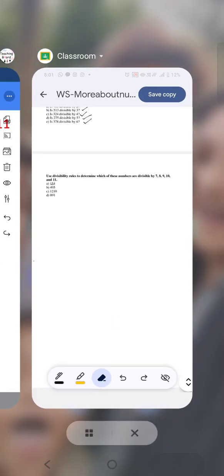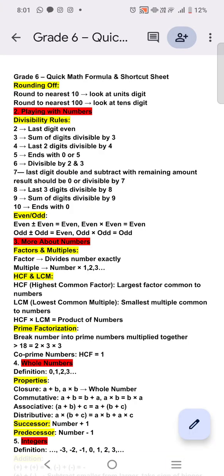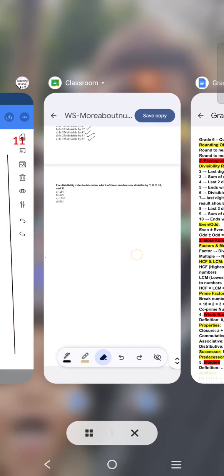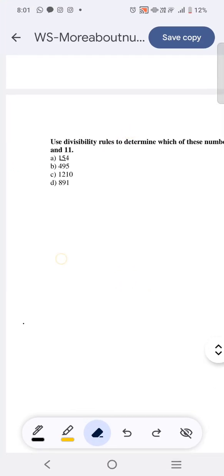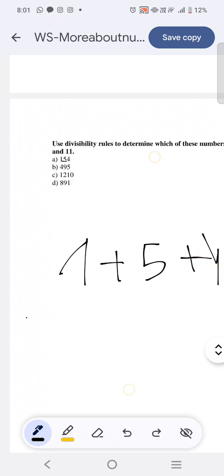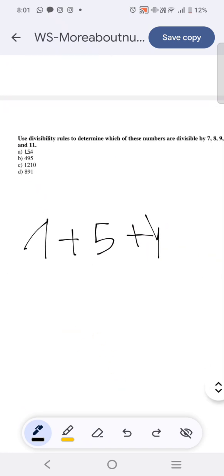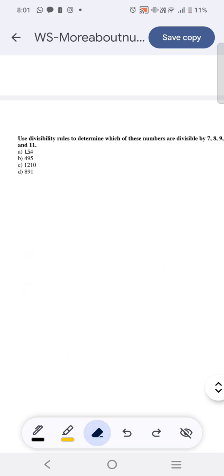Now by 9, let's see the divisibility rule of 9, which is that the sum of digits should be divisible by 9. So the sum of digits: 1 plus 5 plus 4, which is 10, because 5 plus 4 is 9, 9 plus 1 is 10. Now is 10 divisible by 9?